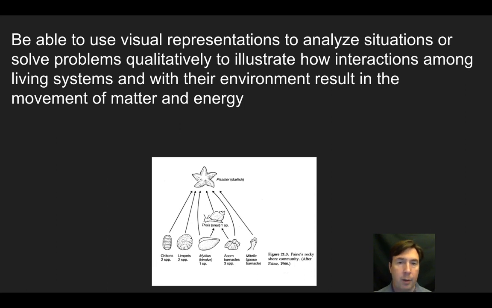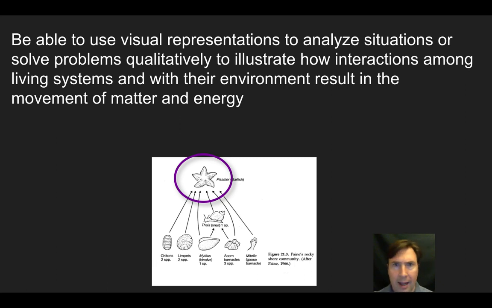This rocky shore community shows there's a sea star at the top, and all of these different things, from barnacles to bivalves to limpets to snails, are all being consumed by the sea star. So this is definitely showing movement of matter and energy, in this case the matter, the biomass, and the energy, where all of these organisms are being consumed by these sea stars up at the top. We're seeing the flow of energy in this case.